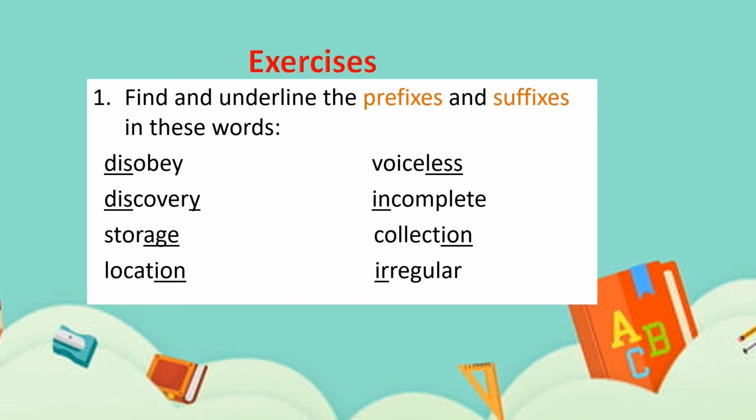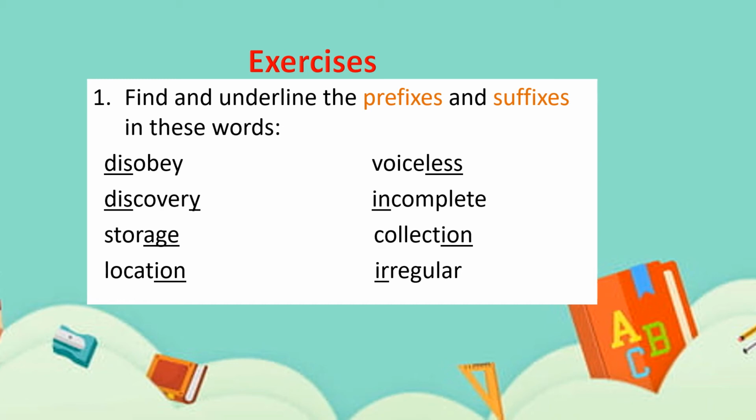The second word also has the prefix dis, and here look at the end of this word. I have the letter Y, which is also a suffix. That means the word discovery has a prefix which is this and a suffix which is Y, where the origin of the word is cover.